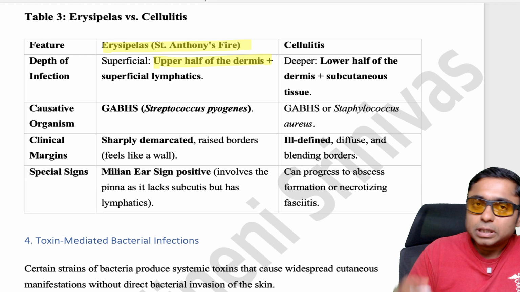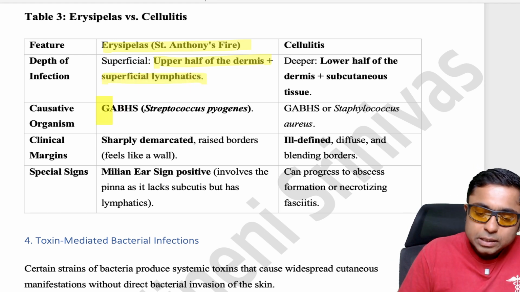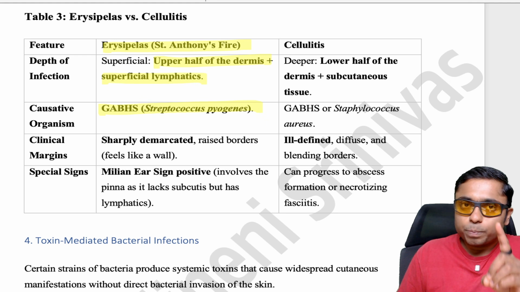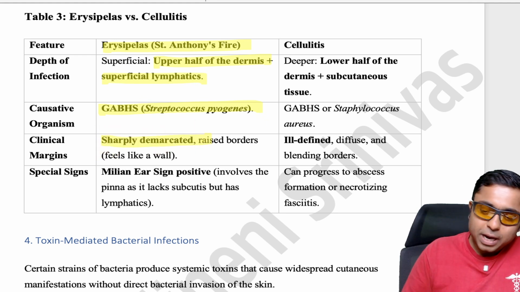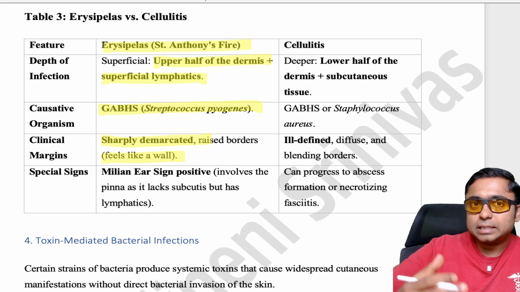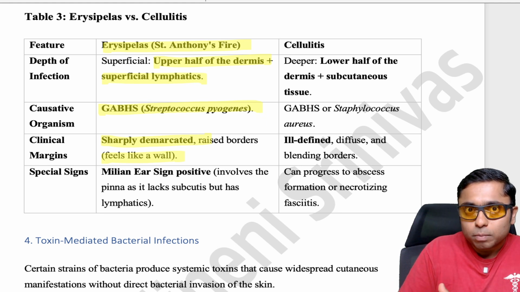Remember, it involves the upper half of the dermis and also superficial lymphatics, and it is always caused by group A beta hemolytic streptococcus. And also you can see very sharply demarcated raised borders, as if you are seeing a wall separating the involved skin from the normal skin.